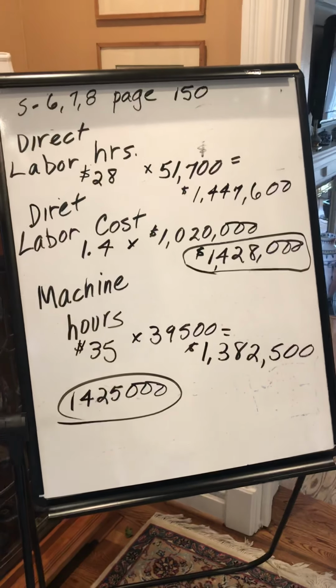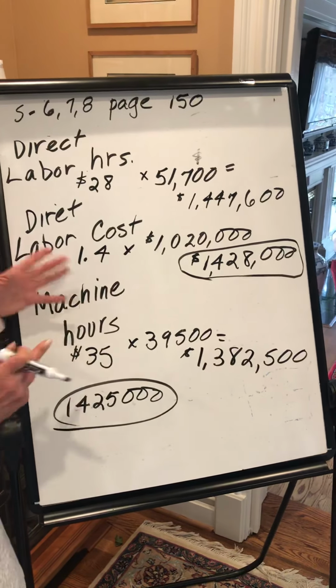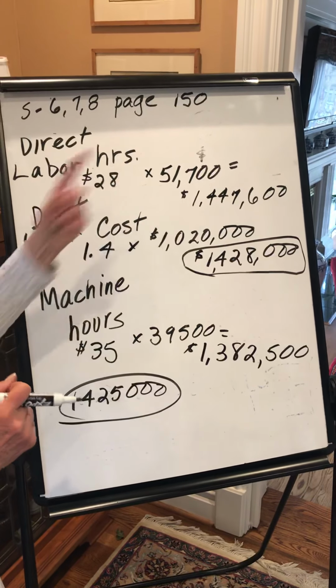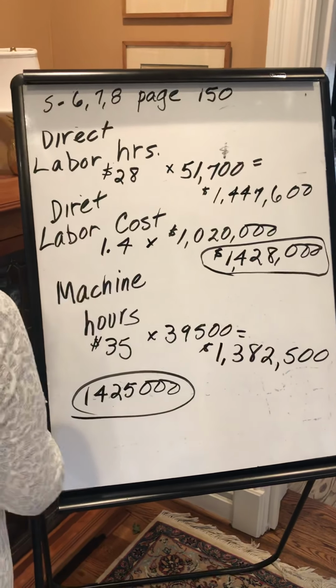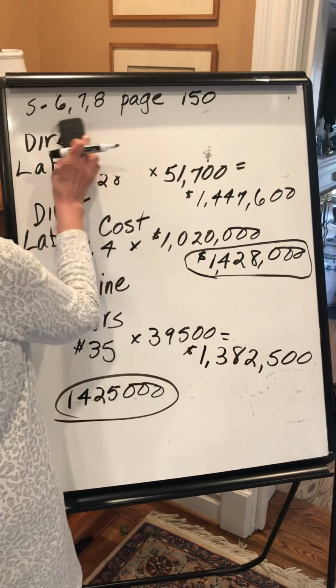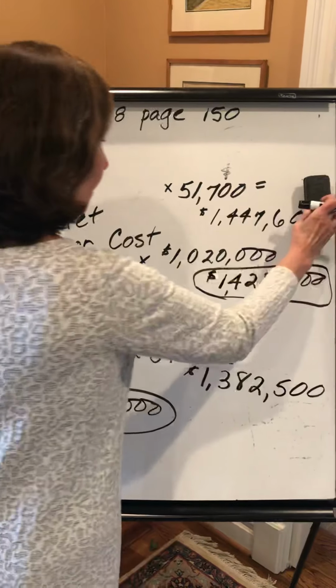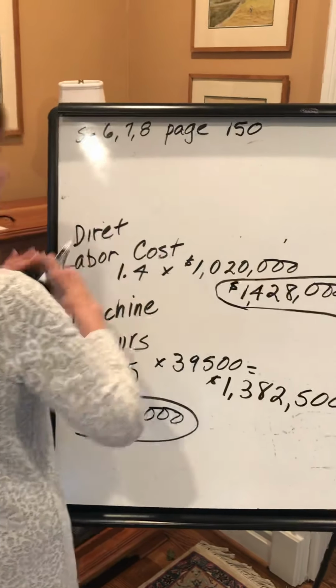Now in the problem, they tell us, well, that's fine, but that's not what they used. They actually used direct labor hours. Okay, so let's take a look at that. We'll go back and look at a T account. 1,447,600.